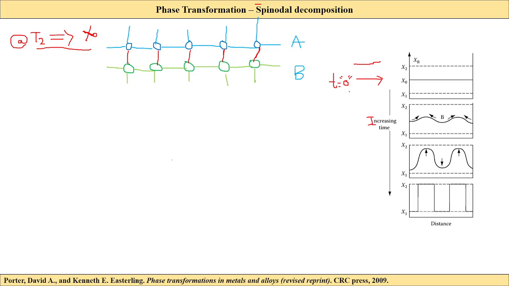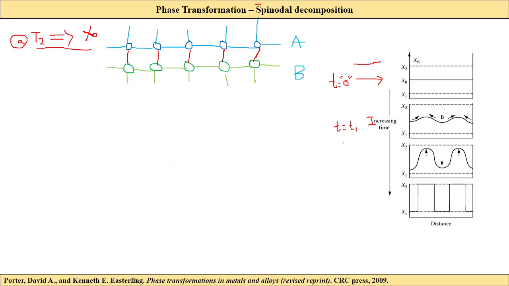Now after some time, at time t equals t1, there is the dissociation of phases, right? There is some composition fluctuation, and this composition fluctuation will grow. How?